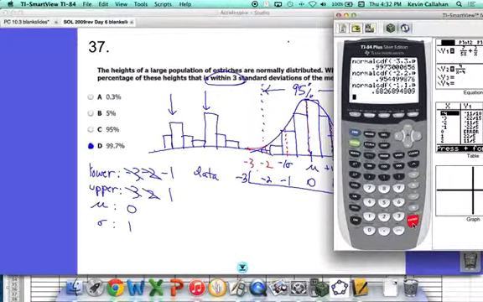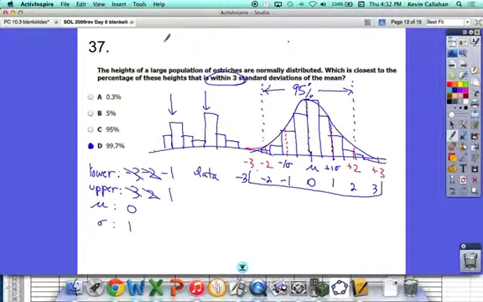And in fact, those three percentages are called the empirical rule in statistics. It's 68%, 95%, and 99.7%. That's called the empirical rule. This is ±1.